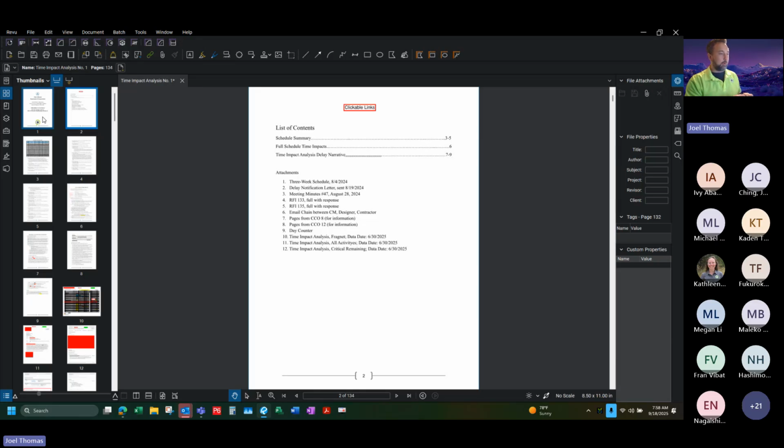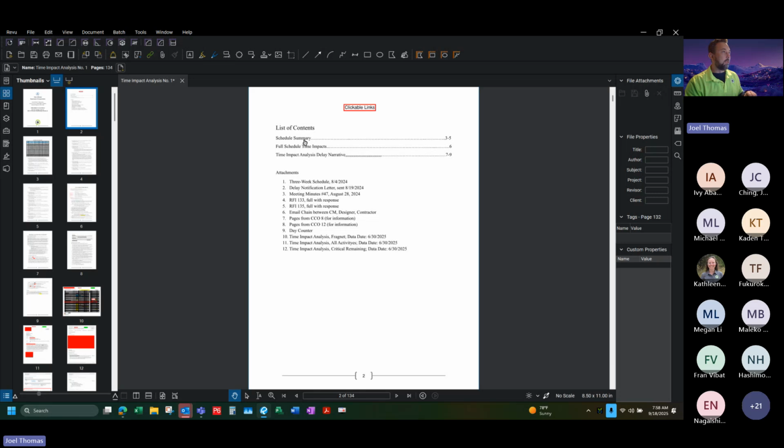And part of that analysis is determining the delay ownership. But like I said, there's not a set way you have to do this. I was just trying to show an example of what I had done on this project. I start out with a list of contents.